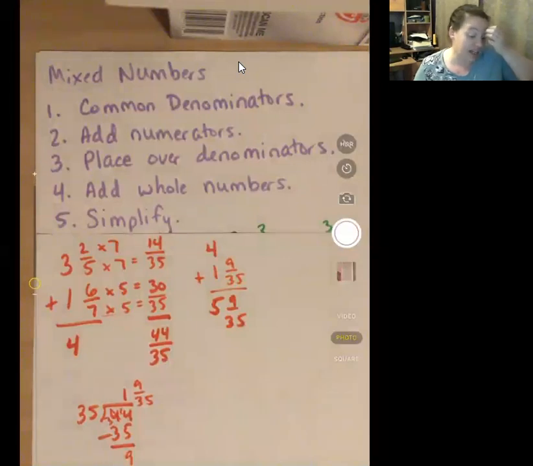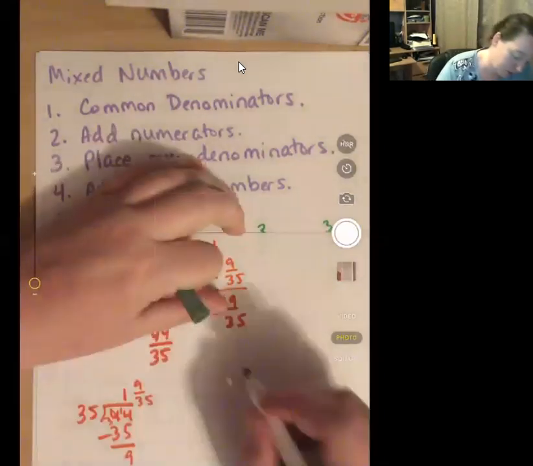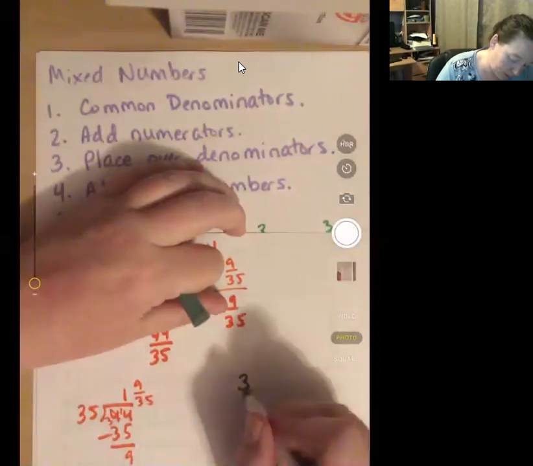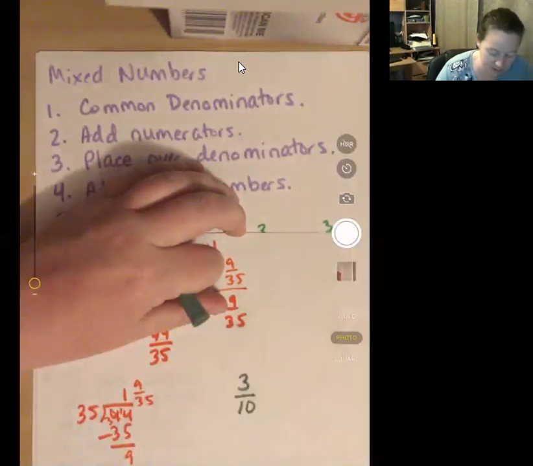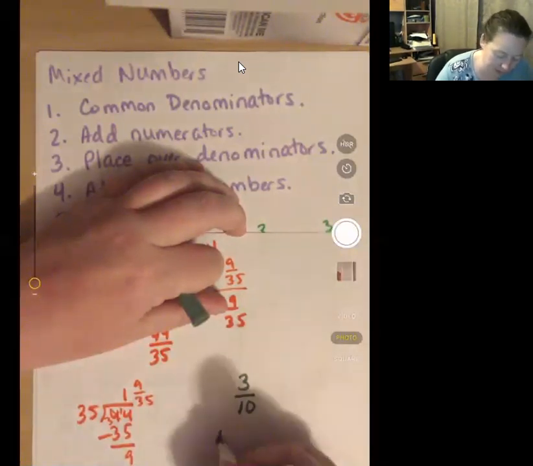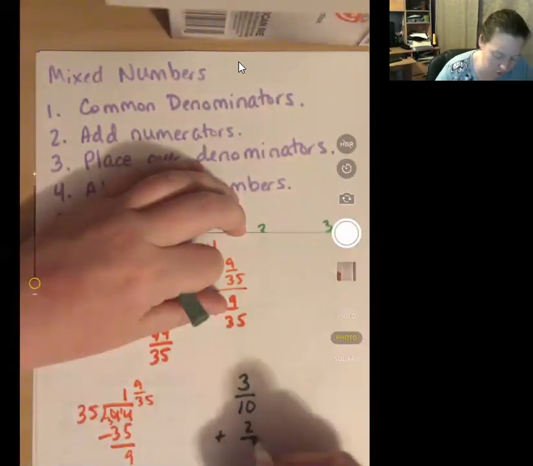Had I ended up with something like this, I said I was going to show you the other way to simplify. So let's do simplification the other way. If I had 3/10 plus 2/10.